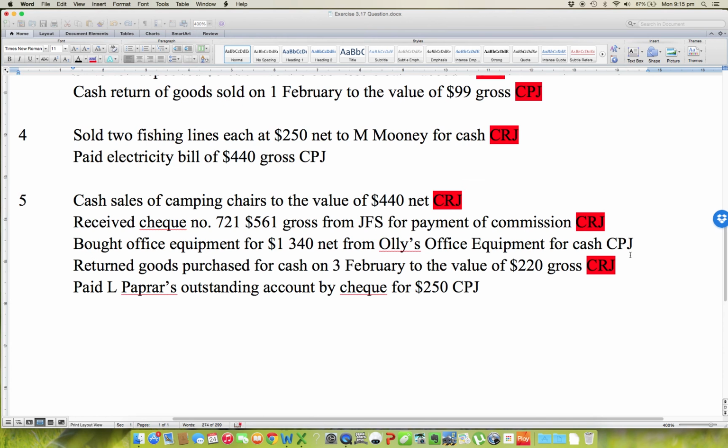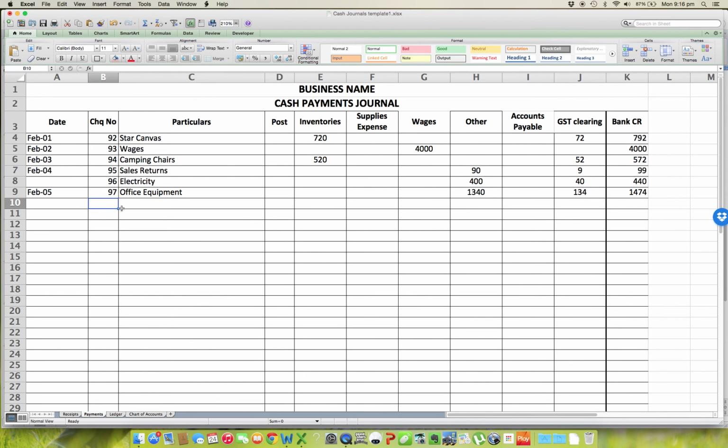Okay, so the last transaction we've got was that one for the accounts payable that we paid. So paid El Papra's outstanding account by check for $250. So I'll pop that one straight in. Next check number is 98.